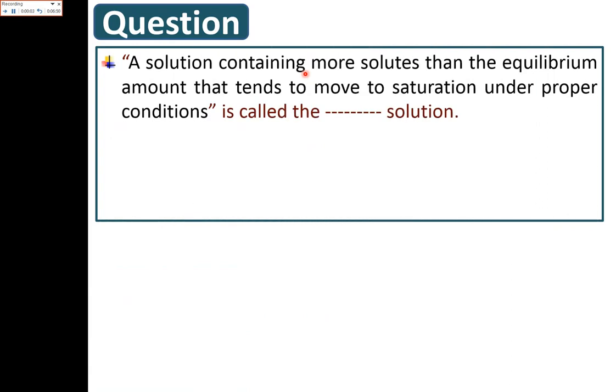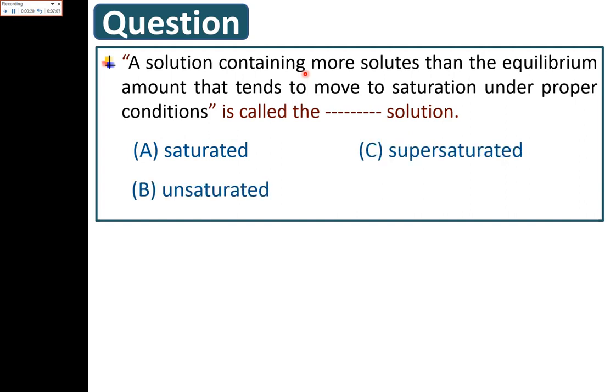Another question: a solution containing more solids than the equilibrium amount that tends to move to saturation under proper condition is called the dot solution. Which one? Is it the saturated solution, the unsaturated, the supersaturated, or missing information? So which one will we select for this?